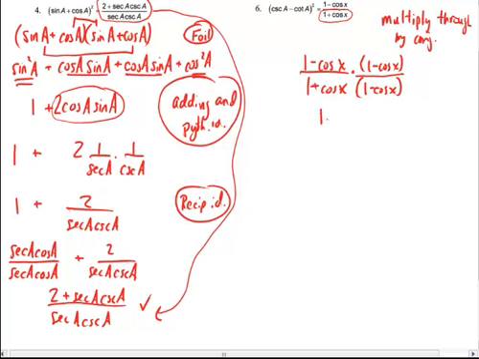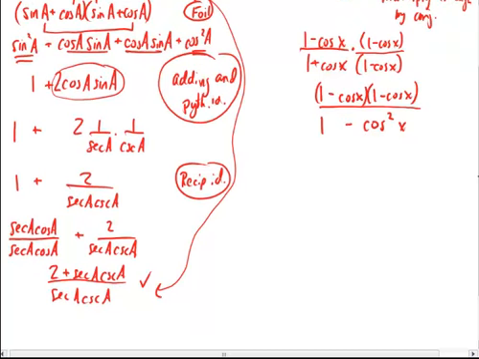We're going to get in the top 1 minus cosine of x times 1 minus cosine of x, and in the bottom we're going to get 1 minus cosine squared of x. I'm going to FOIL the top, and I'm going to use an identity on the bottom.